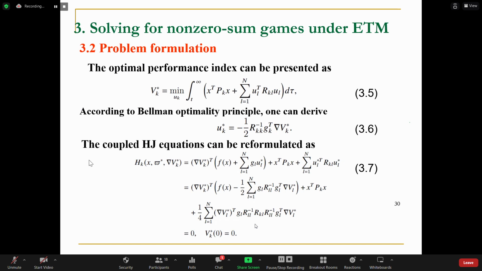Then the coupled HJ equations can be reformulated. Note that this equation is a partial differential equation with coupled terms. It's very hard to find its analytical solution, but we can use the ADP method to approximately solve it.